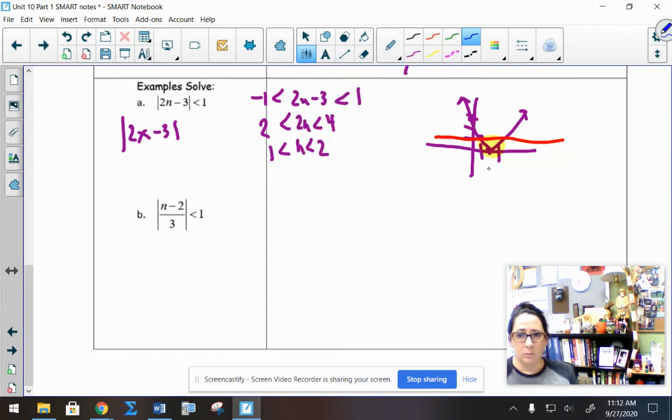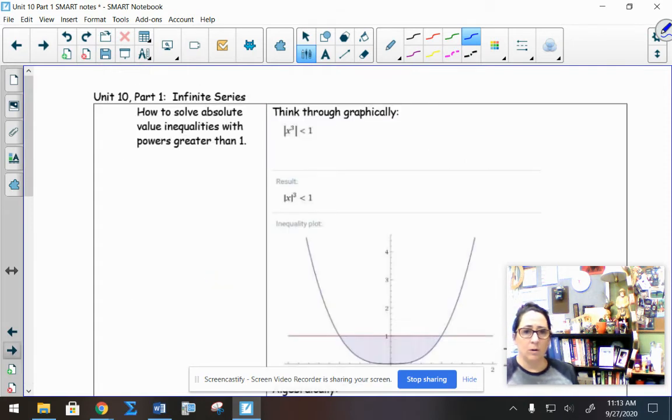So those are like Algebra 1 ones, so I want to look at some that are a little bit more advanced. We could think of this graphically, the absolute value of x cubed. Remember an x cubed looks like this, and if I did the absolute value of it, it's going to bring the negative part and flip it above.